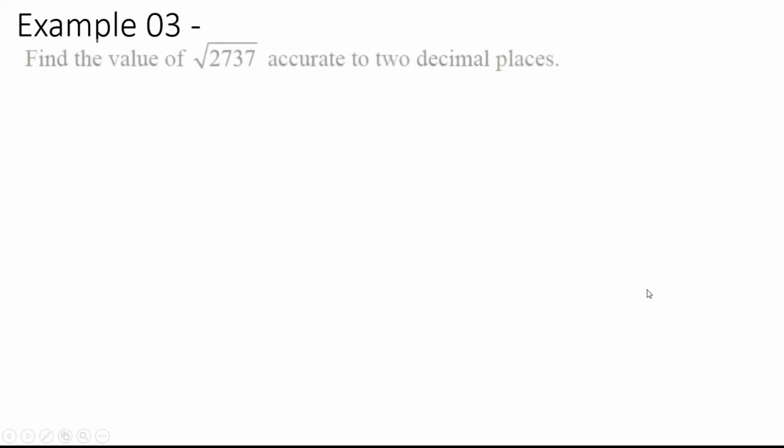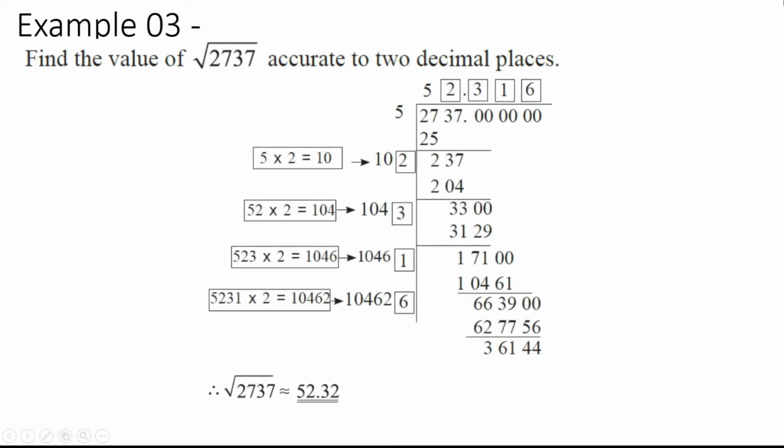Example 3. Find the value of square root of 2737 accurate to 2 decimal places. We must find the value up to 3 decimal places and then round off to 2 decimal places. To find up to 3 decimal places, we should write 3 pairs of zeros after the decimal point.